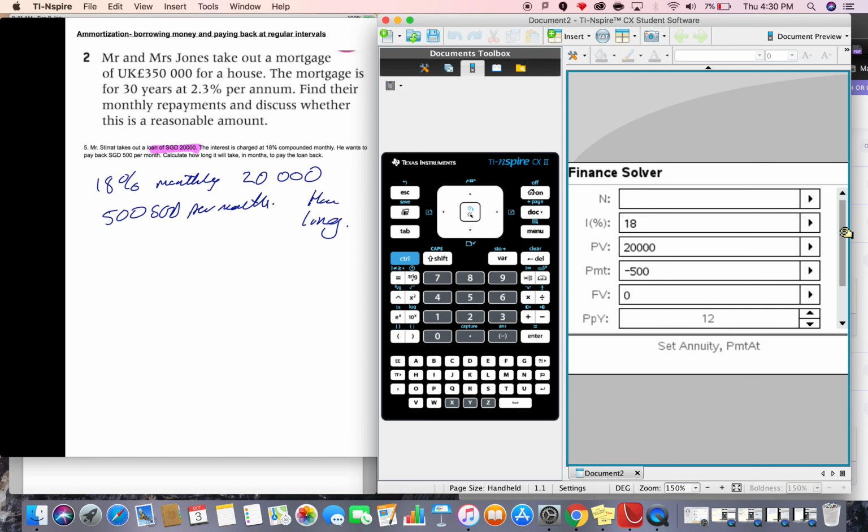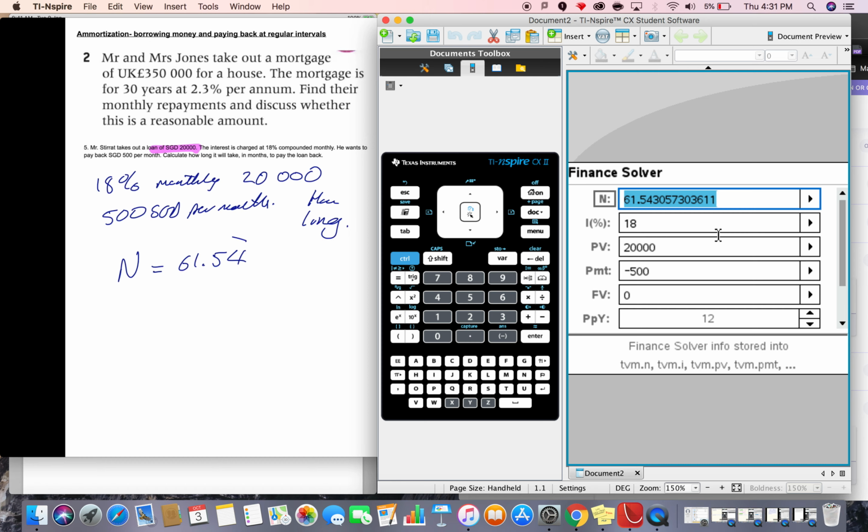And the question is how long? So clearly N. Now just got to be careful. N doesn't stand for the number of years. N doesn't stand for the number of months. N stands for the number of payments you make. Okay, so let's click on here and press enter. And we've got an answer here that N equals 61.54. So now we just got to think logically about this.